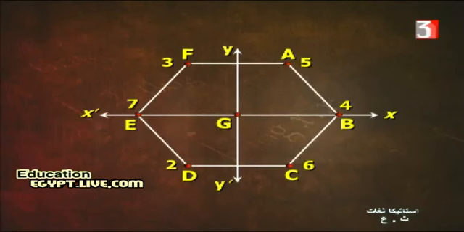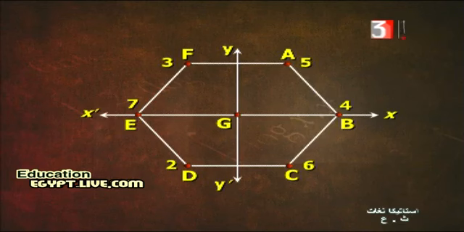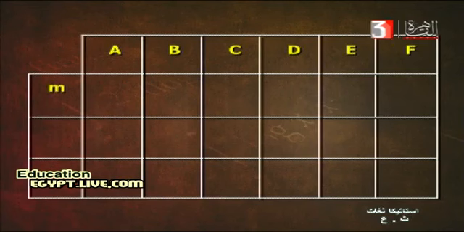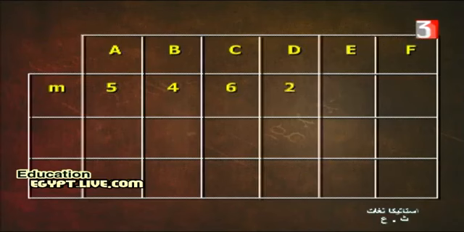Then we know the regular hexagon side length is L. After we determine the coordinates of each vertex of the regular hexagon, we fill in the following table: at A, B, C, D, E, F, vertices of the regular hexagon. Mass at A 5, at B 4, at C 6, at D 2, at E 7, at F 3.